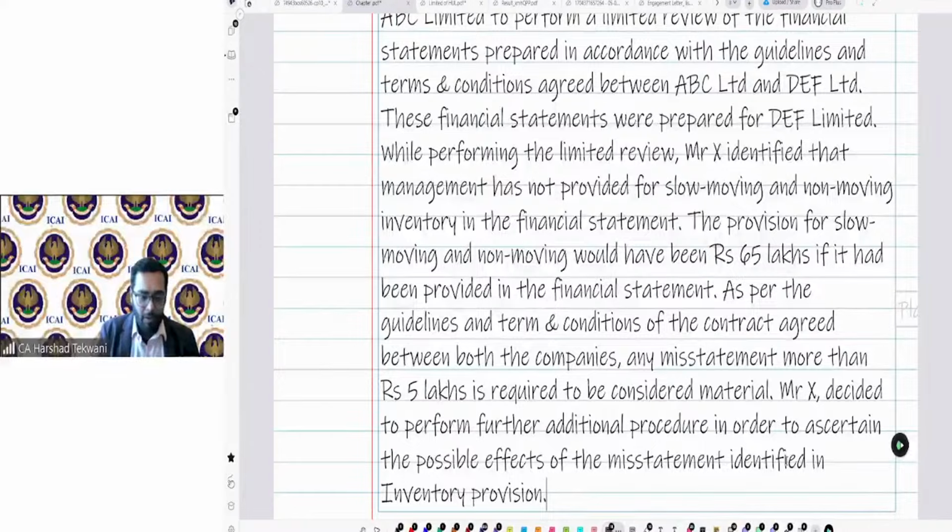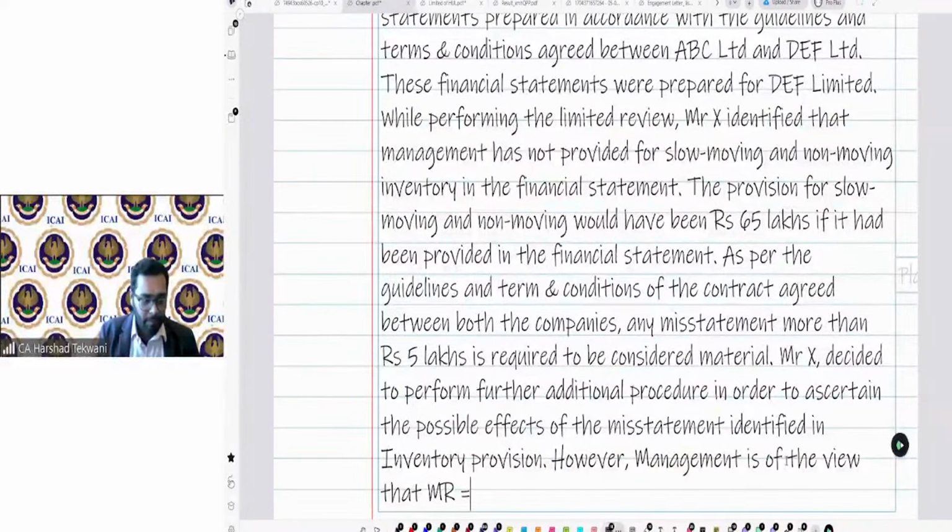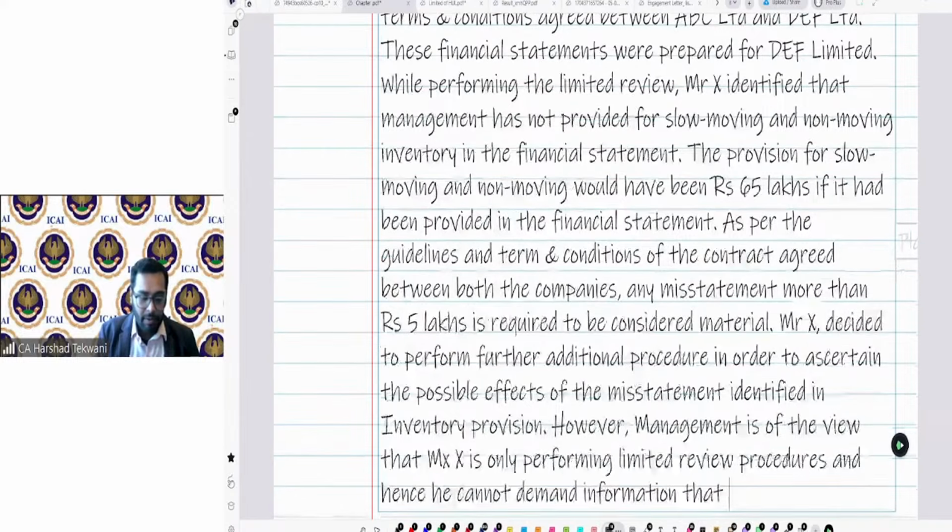However, management is of the view that Mr. X is only performing limited review procedures, and hence he cannot demand information which is usually required under audit.